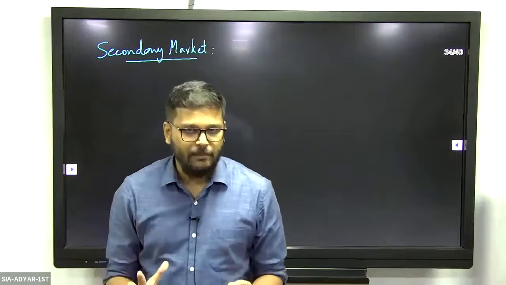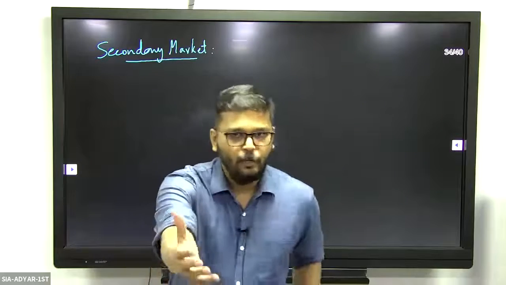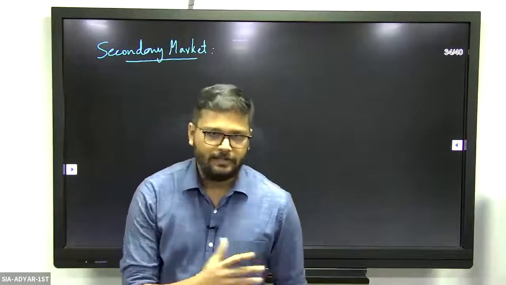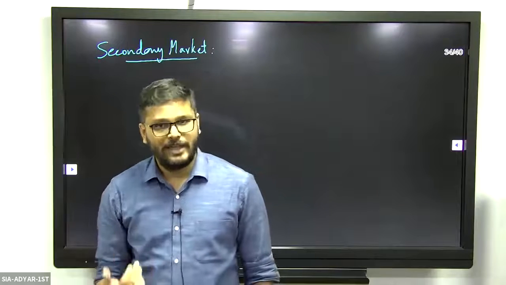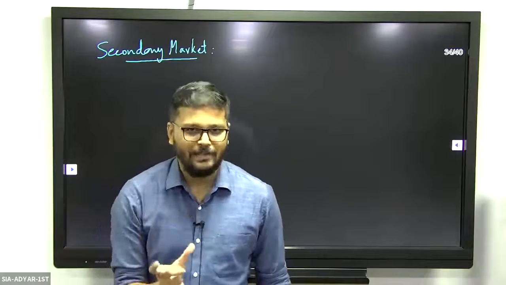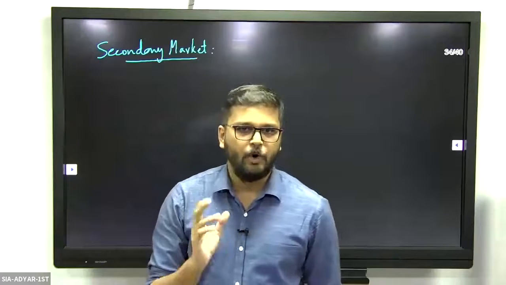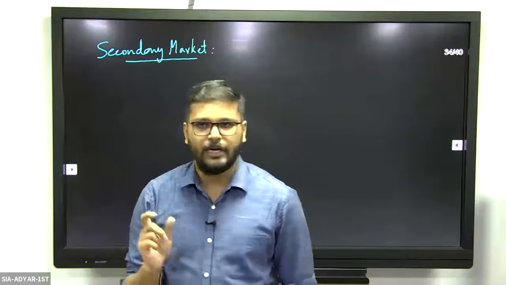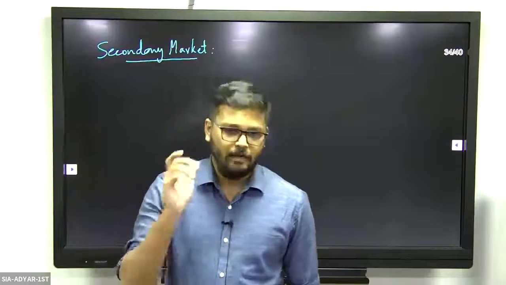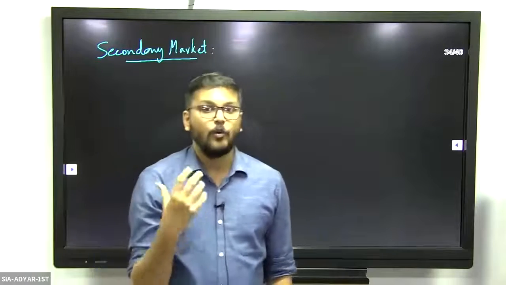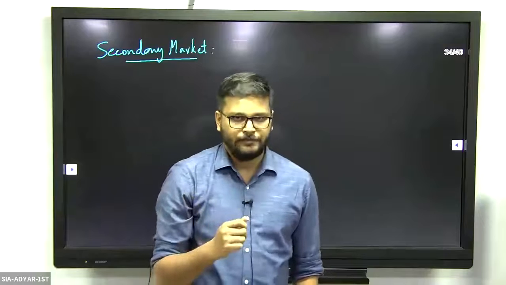See, in the primary market, you pay money, you get a share or a bond. A share doesn't have a maturity. Bonds in the capital market or the money market have a maturity. What if you want the principal amount back before the maturity period in the case of debt instruments, and in the case of equity instruments, you are not going to get the money at all? So what if you want that money back?